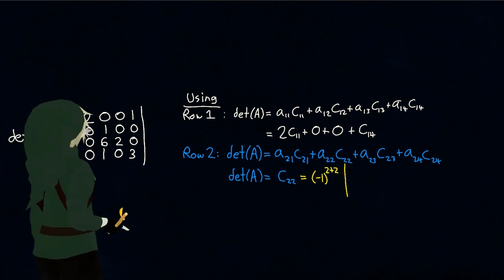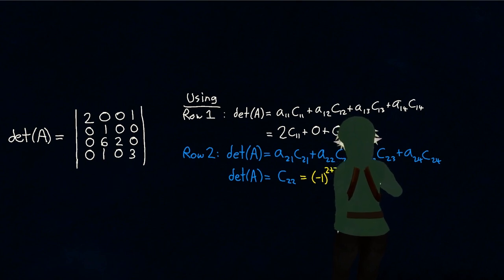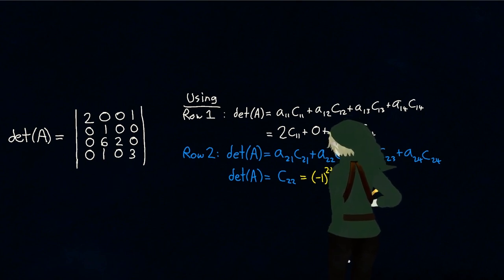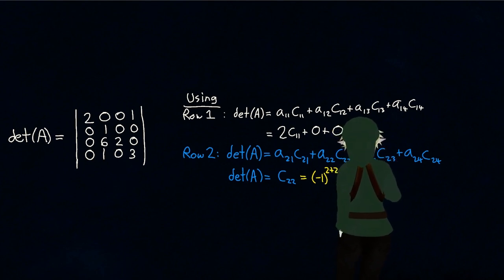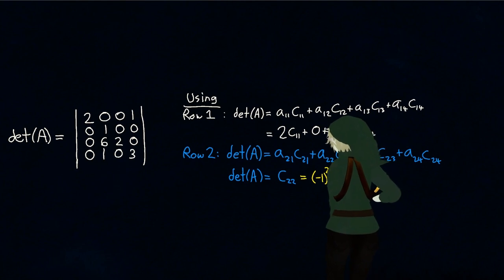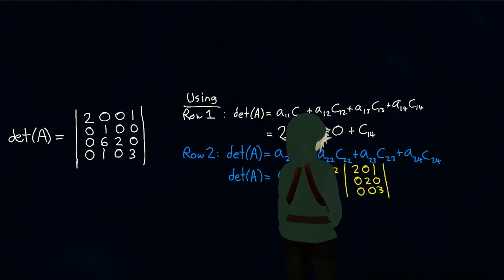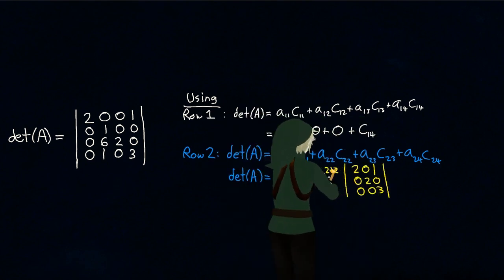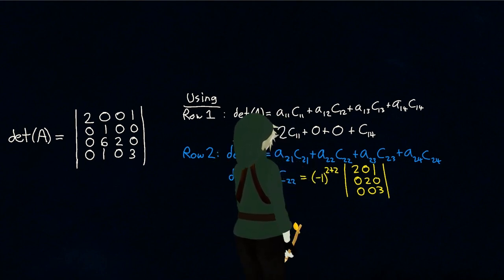So our submatrix is 2 0 1, 0 2 0, and 0 0 3. Okay, that's a positive number, so this portion is positive 1.